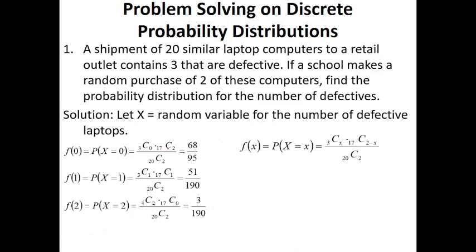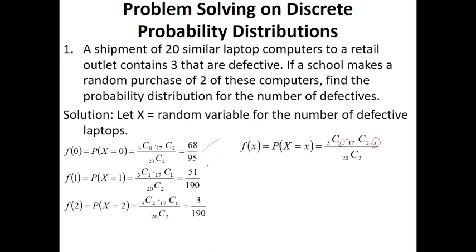So this will now be the general formula. F of x is equal to the probability that the random variable x is equal to x, which is equal to 3Cx times 17C(2 minus x) over 20C2. So we have arrived at this solution.